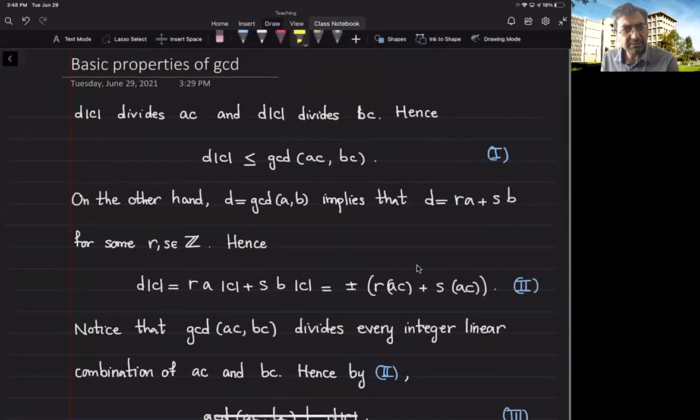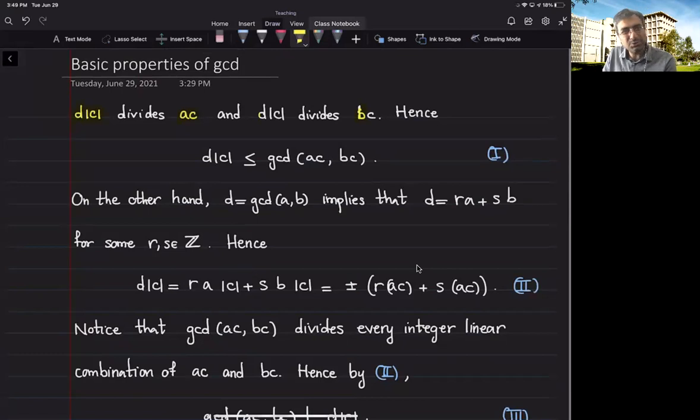The first thing that I notice is that D divides A, D divides B. Therefore, D times absolute value of C. You see, absolute value of C is either plus C or negative C. So when I multiply D by C, because D divides A, of course, DC is going to divide AC.